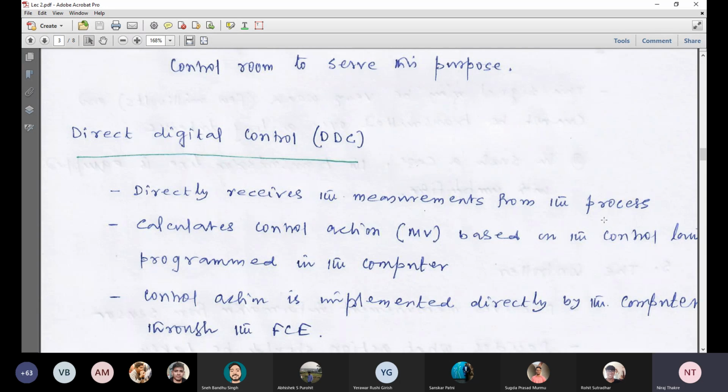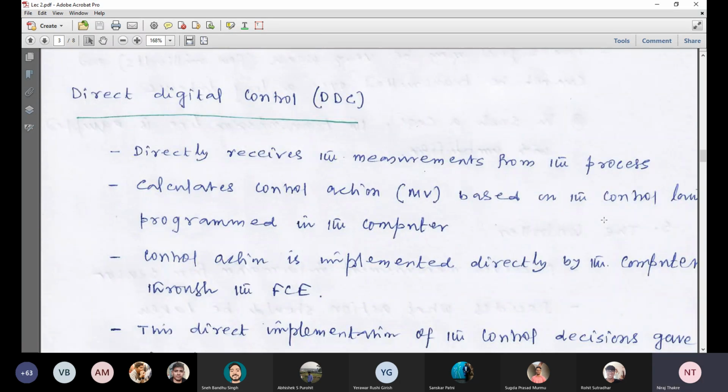I repeat, the comparator, where we compare the set point with the measurement signal to calculate errors, and the controller equation, these two are programmed in a computer, and that computer basically acts as a controller. Then the control action is physically implemented through the final control element, FCE.